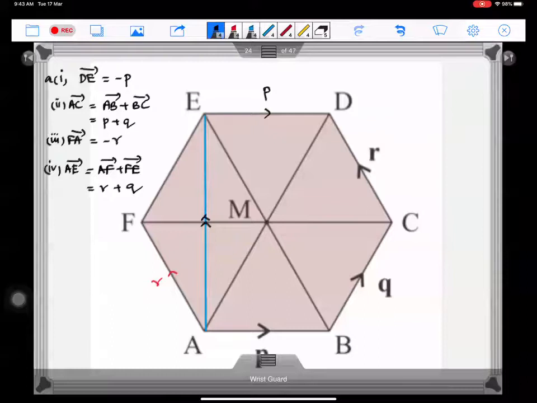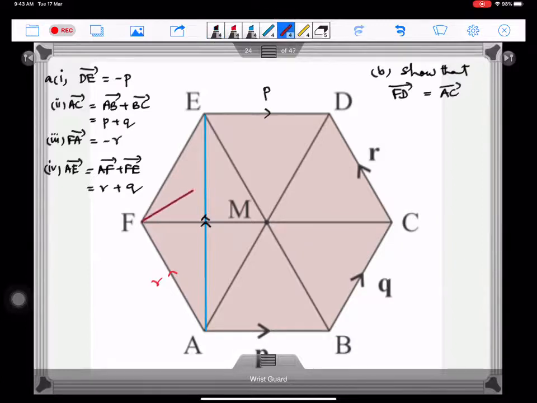Now it says using vectors, show that FD is AC. Show that vector FD is the same thing as vector AC. Now FD is this vector, like this, and AC is this yellow vector.